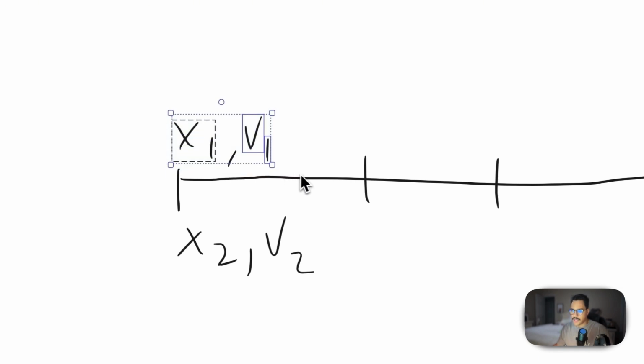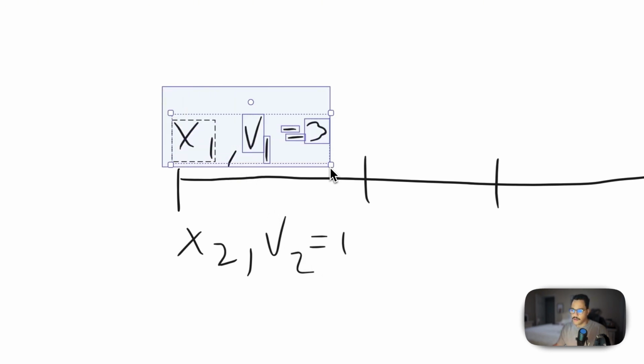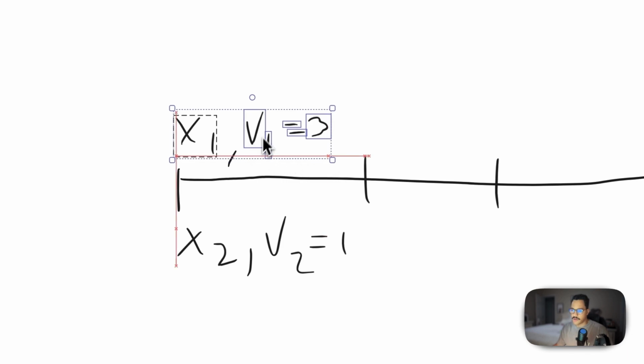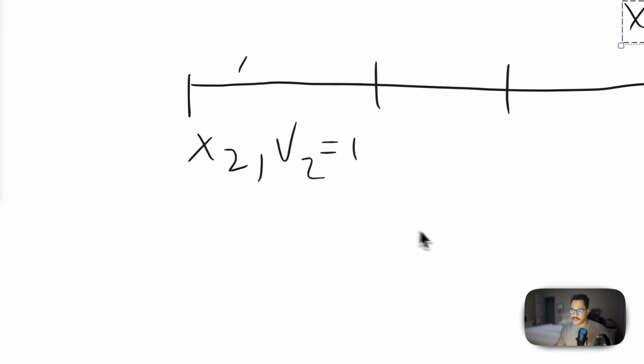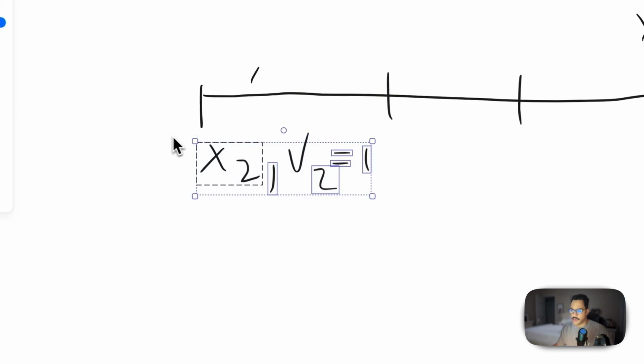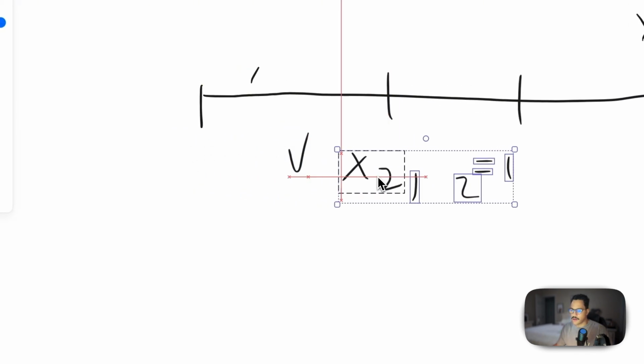Because if they start at the same position, and let's say this guy is faster, and I'm just going to say that that velocity is equal to 3, and this velocity is going to be equal to, I don't know, 1. They're at the same position, so this guy is always going to be ahead, because his next jump is going to be 1, 2, and 3, right? And this guy's next jump is going to only be 1 right here.